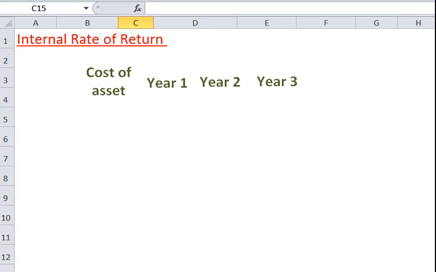Now let's say we have the cost of the asset, which is right now, in the current time period. Then year 1 we have a flow of returns to the asset, year 2 a flow of returns, and year 3. We won't complicate it with disposal of the asset or scrap value. We'll just keep it very simple.